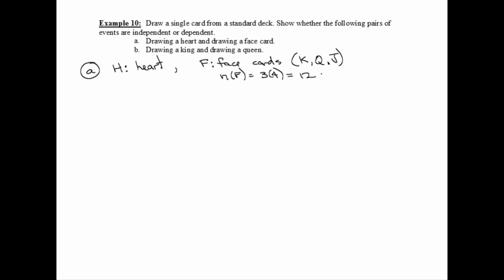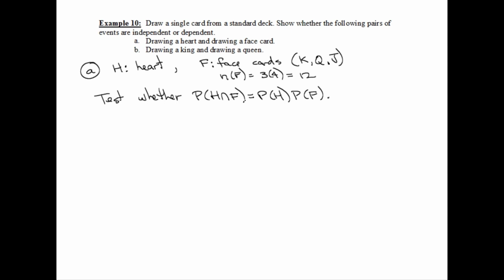Okay, if we're going to use that third test, we need to test whether the product of the probabilities of these events is equal to the probability of the intersection. In other words, if I take the probabilities of the two individual ones and multiply them together, is that equal to the probability of the intersection?